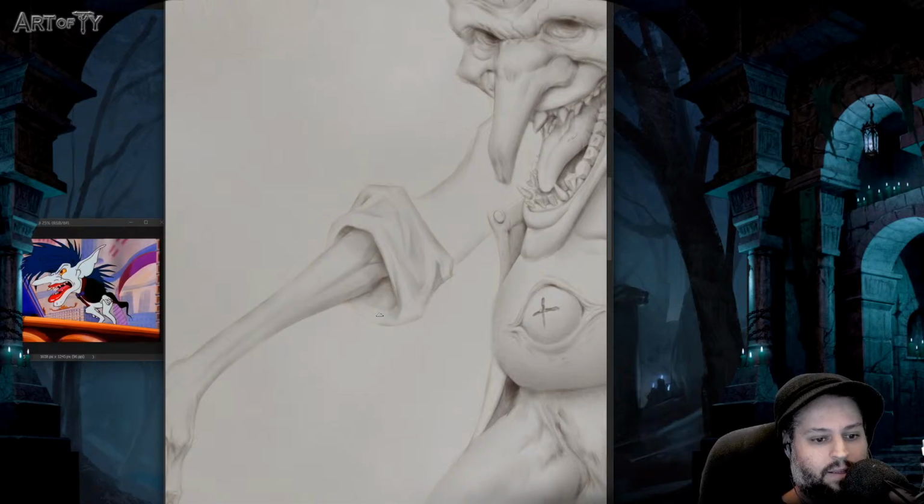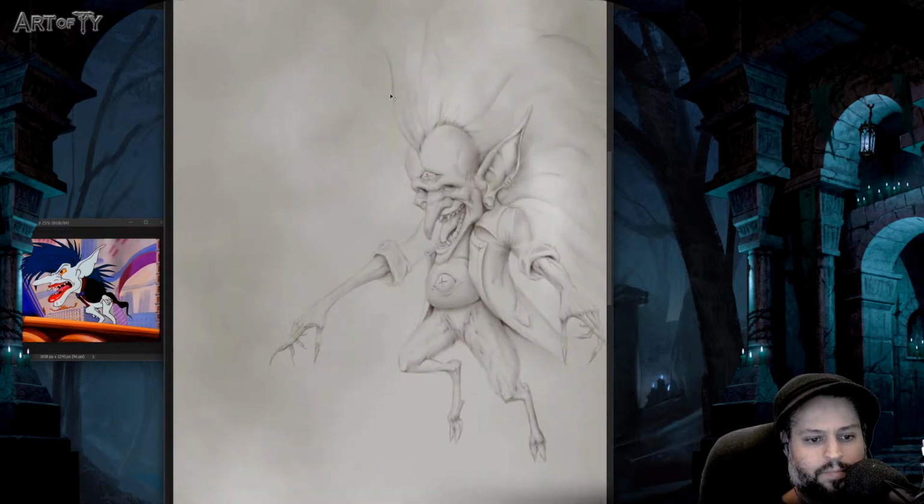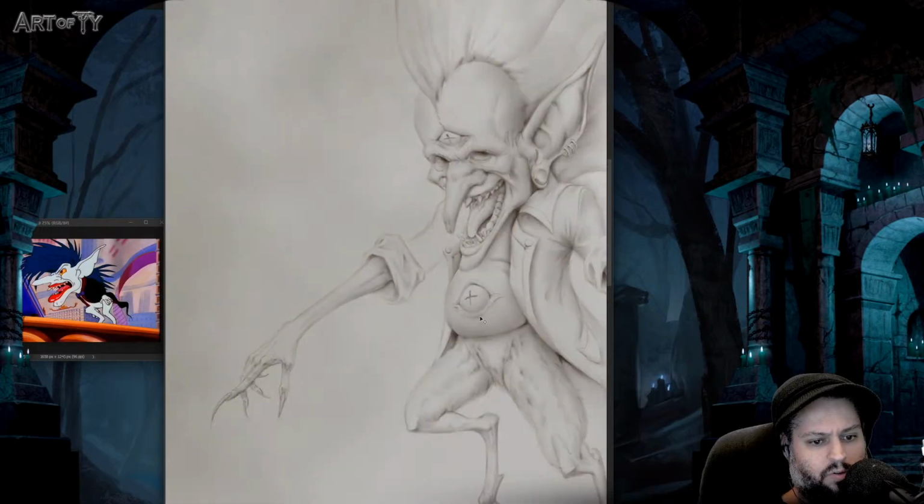Man, that guy. Every freaking wrinkle is hyper crafted. Ultra optimized. Okay, lean into some of these little pinches a little more.